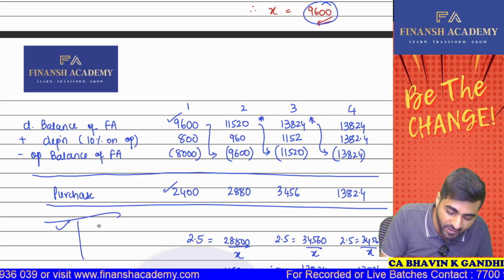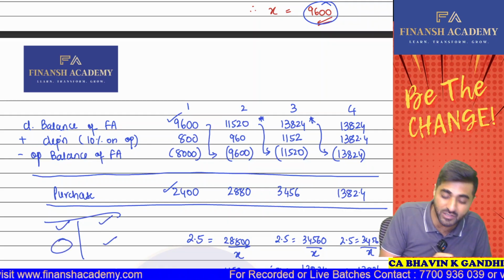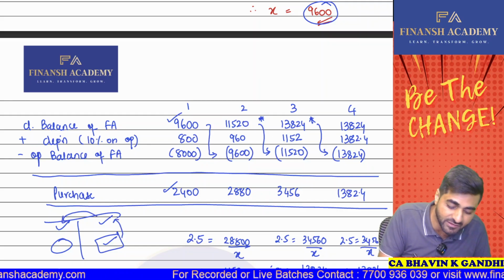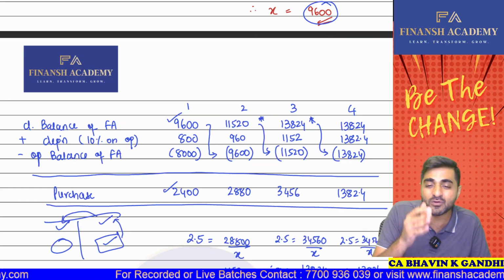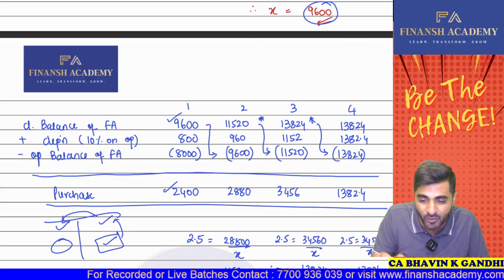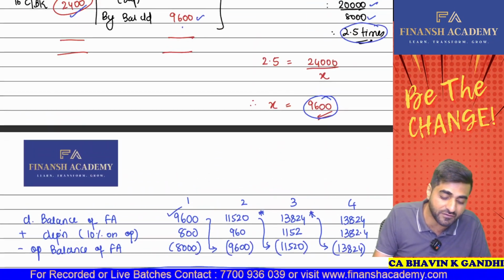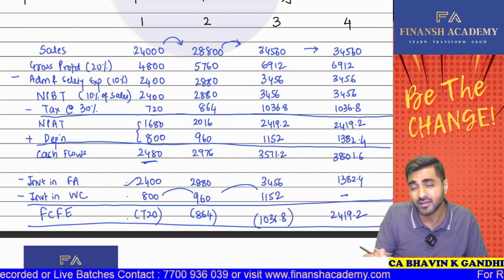Because opening, depreciation, and closing, the balancing figure will give you purchase. So the closing, plus depreciation, minus the opening balance, ultimately gives us the purchase. The same process we have to do for year 1, year 2, year 3, year 4. Based on that, my dear students, there is a purchase of fixed assets, and this purchase I need to subtract here.